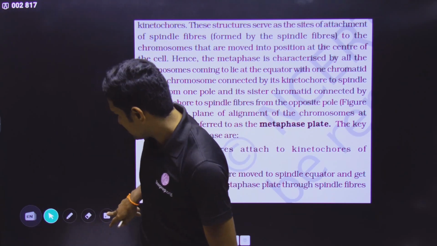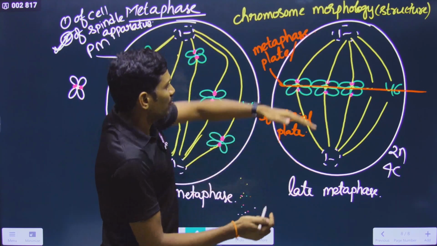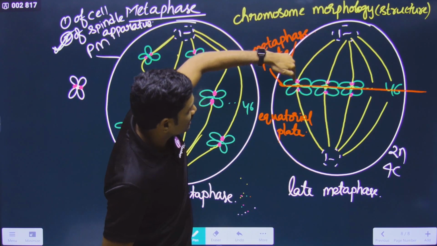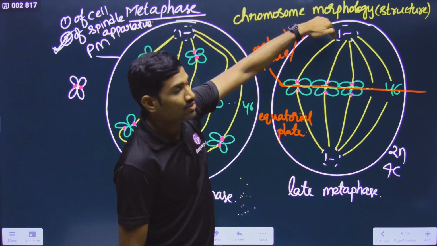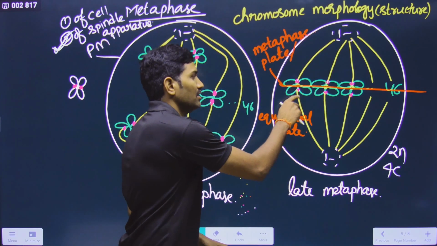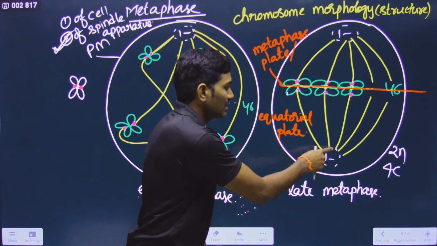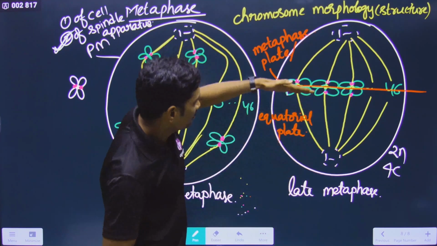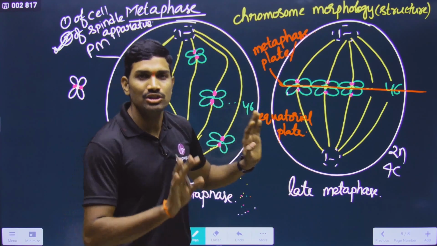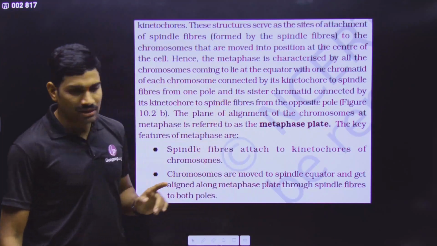What is the meaning of this sentence? Each chromosome has two chromatids. One chromatid, through its kinetochore, is connected to the spindle pole of that side, and the sister chromatid, through its kinetochore, is connected to the spindle fiber coming from the opposite pole. This is the meaning. Everything you can understand from the diagram, so diagrams are very, very important.